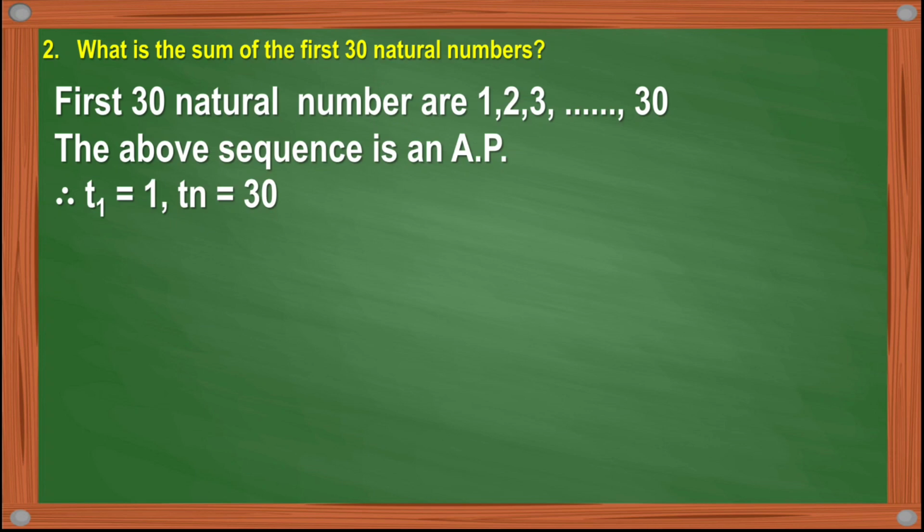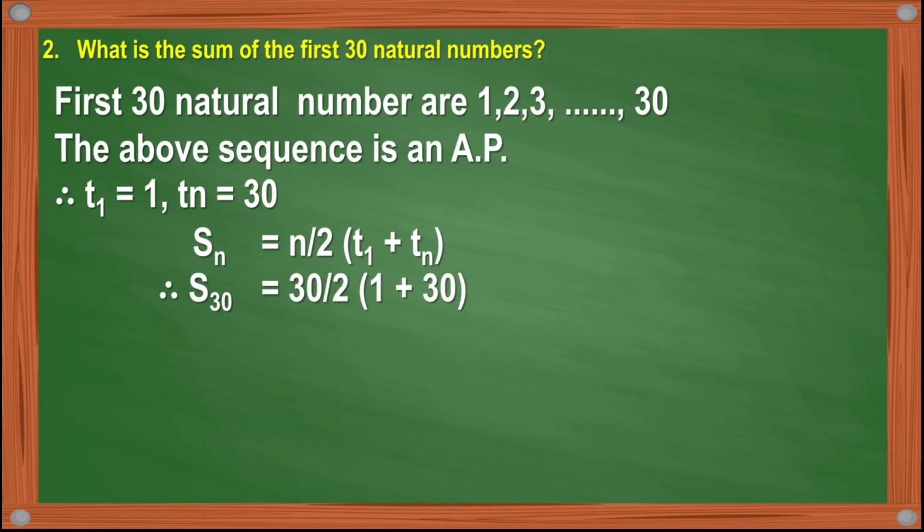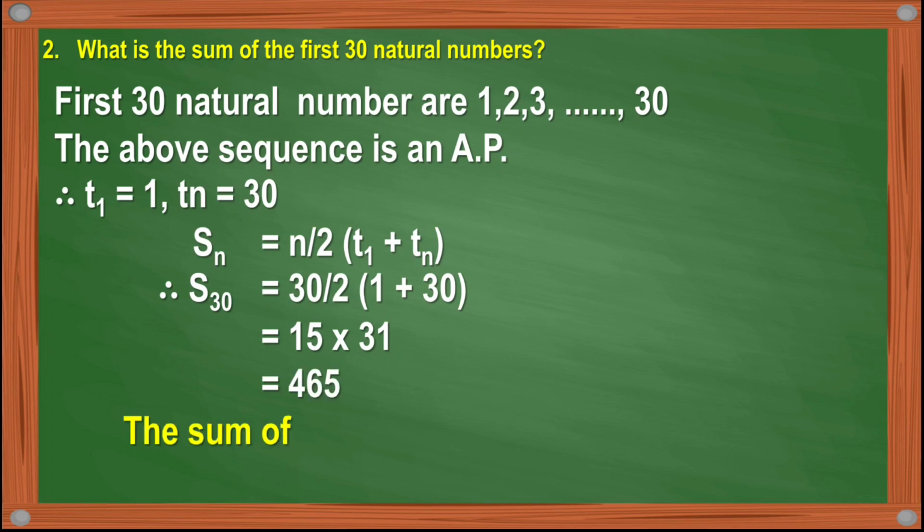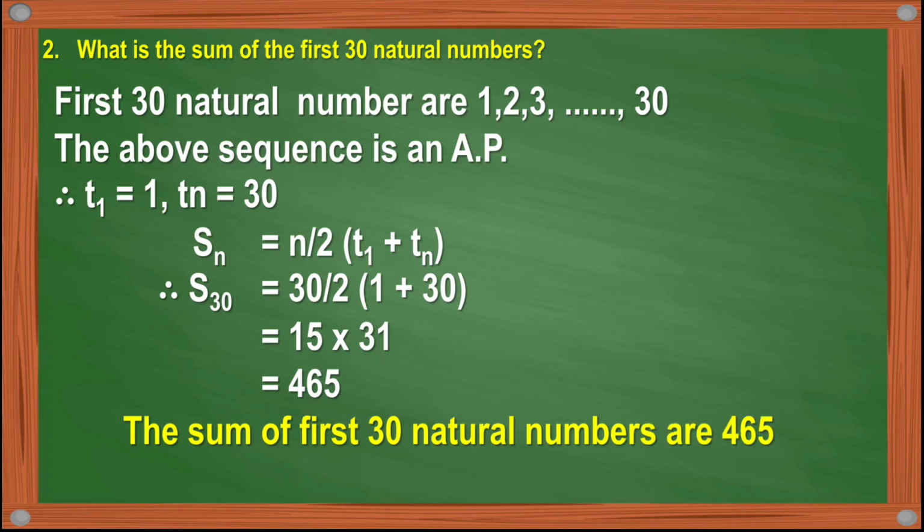If the first and the last term are given, you can use the formula n upon 2 in a bracket T1 plus Tn. We can substitute the values: 30 upon 2 multiplied by 31. 30 upon 2 is 15. 15 multiplied by 31 is 465. So the sum of the first 30 natural numbers is 465.